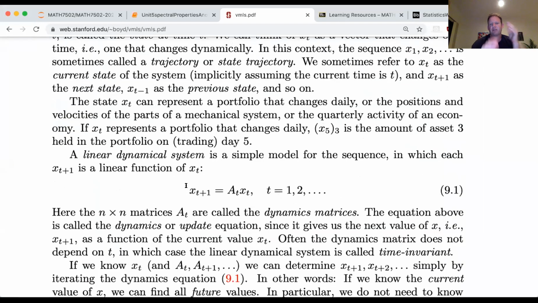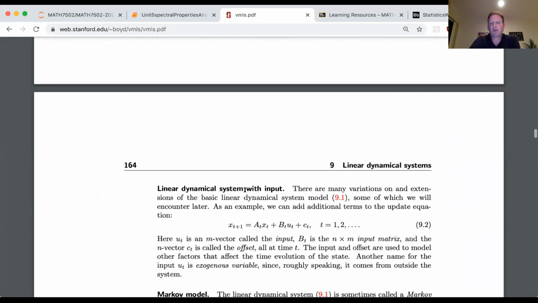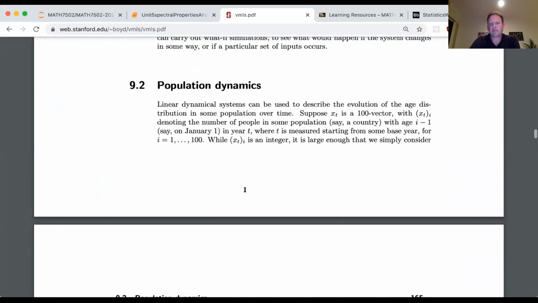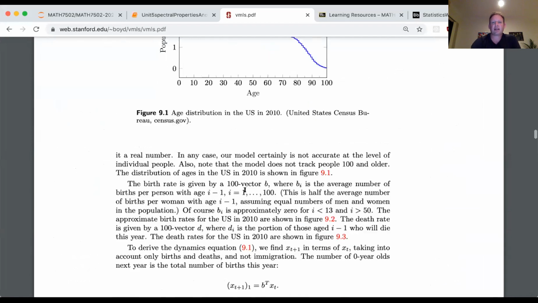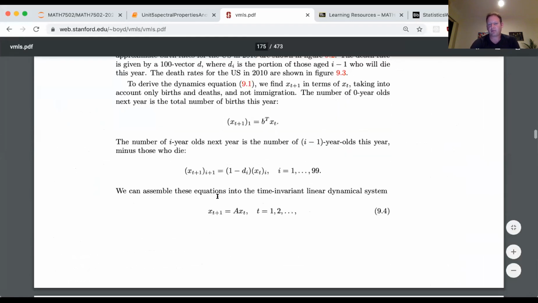Basically you've got the state, and a matrix that operates on the state, a linear dynamical system, and the state keeps evolving. You can see a lot of examples, like population dynamics. But we don't have time to really get into the modeling aspect of linear dynamical systems.